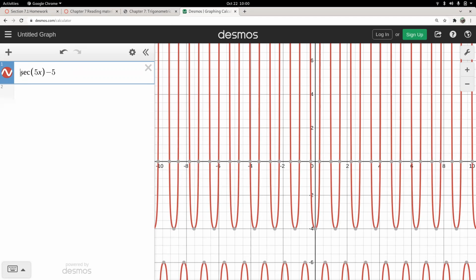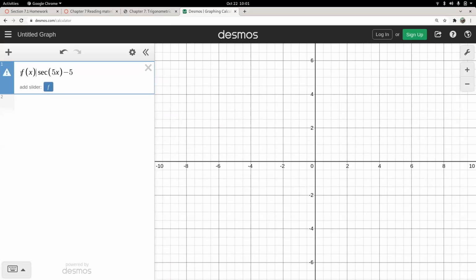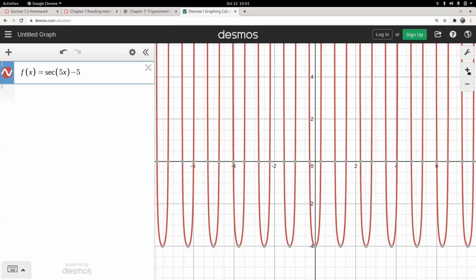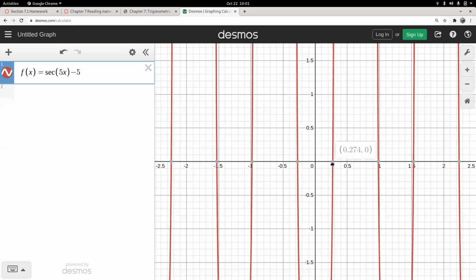And so let's see, I'm going to call this f of x equals, and I want the first 4 positive ones. So equals 0 would be the y-axis. So let's zoom in, yes. So 1, 2, 3, 4. Let's see if we got the right one.